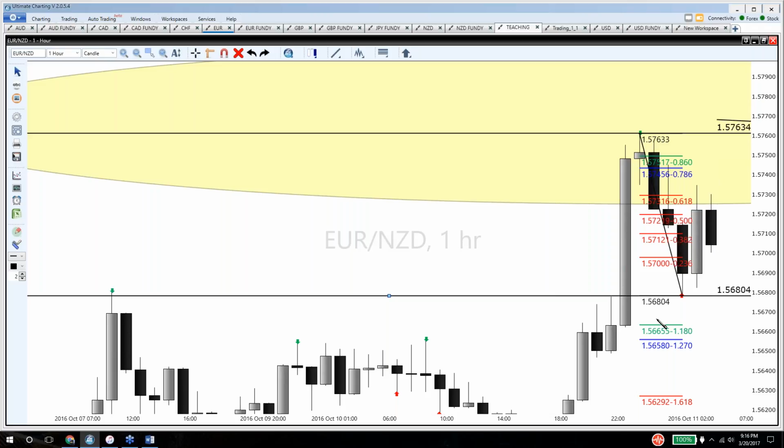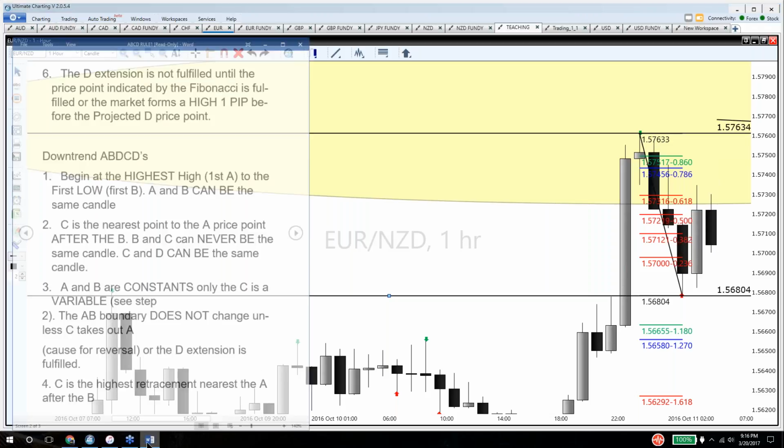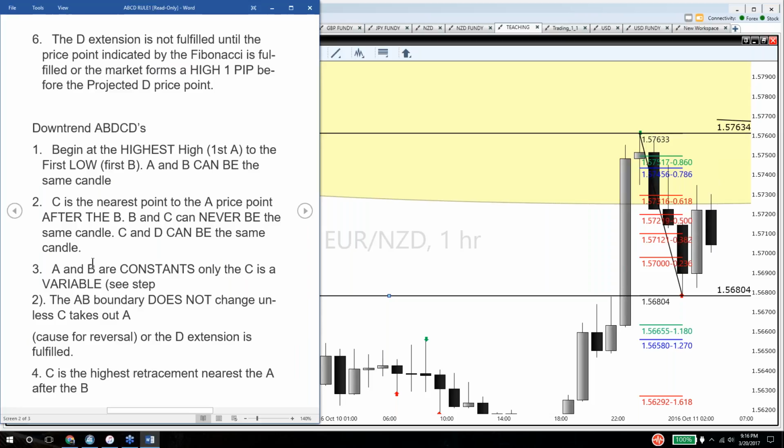Okay? So, here's my first down AB boundary. What I'm looking to do is progress to step number 2. I want to find the C, like we talked about, so that I can get in at C and so that I can get out at D. Any questions on that?